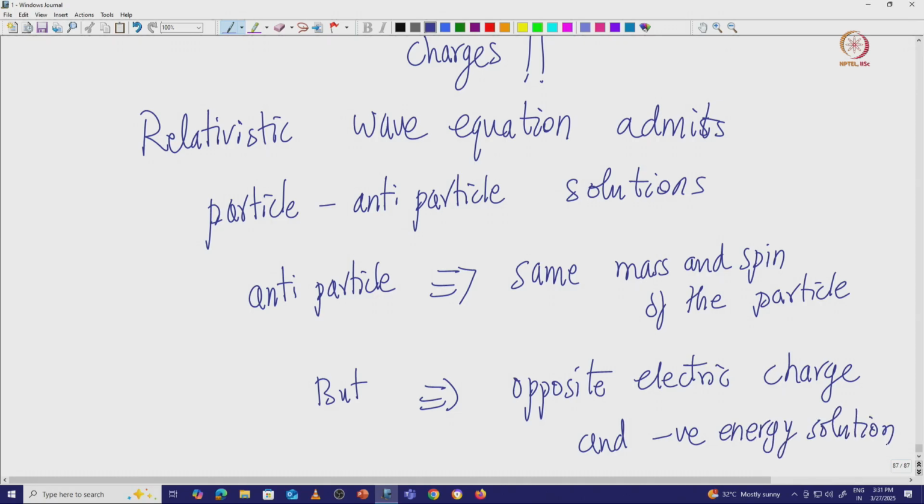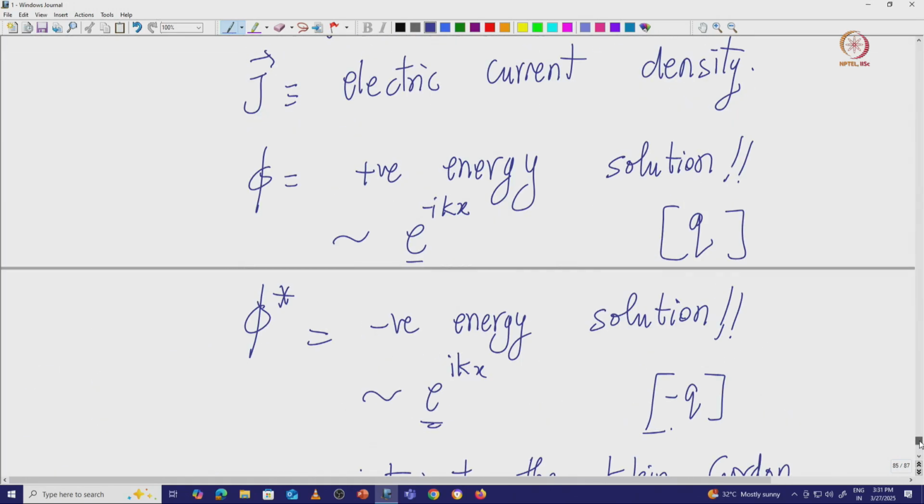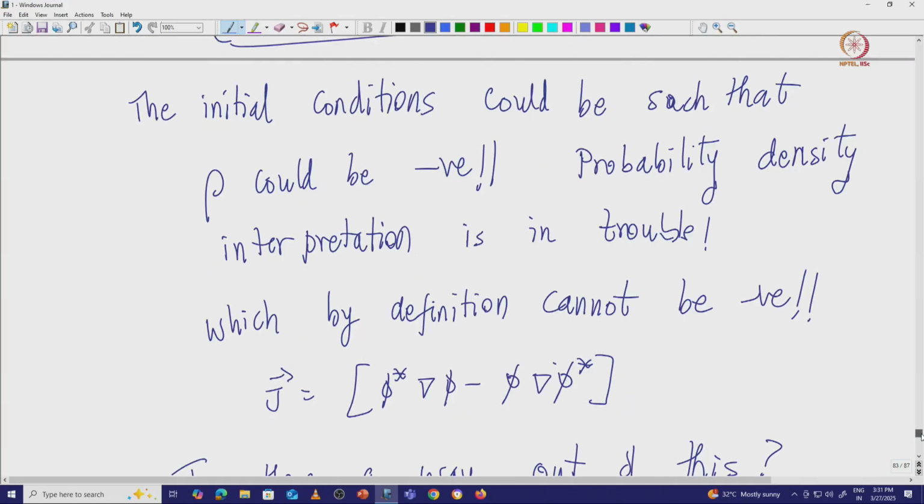Okay. So what we have seen is that the Klein-Gordon equation admits particle antiparticle solutions, and we will recap this in the next lecture.